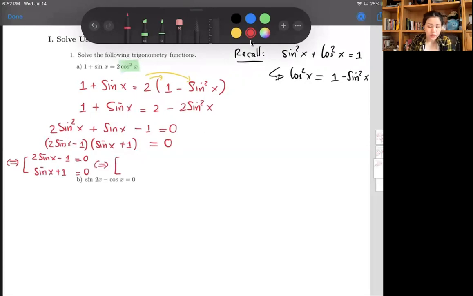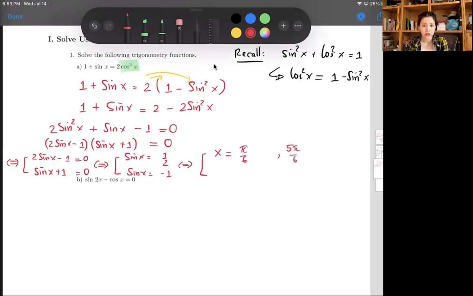Add 1 and divide by 2, I have sine x equals 1/2. And down here I have sine x equals negative 1. If you look at the unit circle, where does sine x equal 1/2? Sine x equals 1/2 when x equals either pi over 6 or 5 pi over 6.